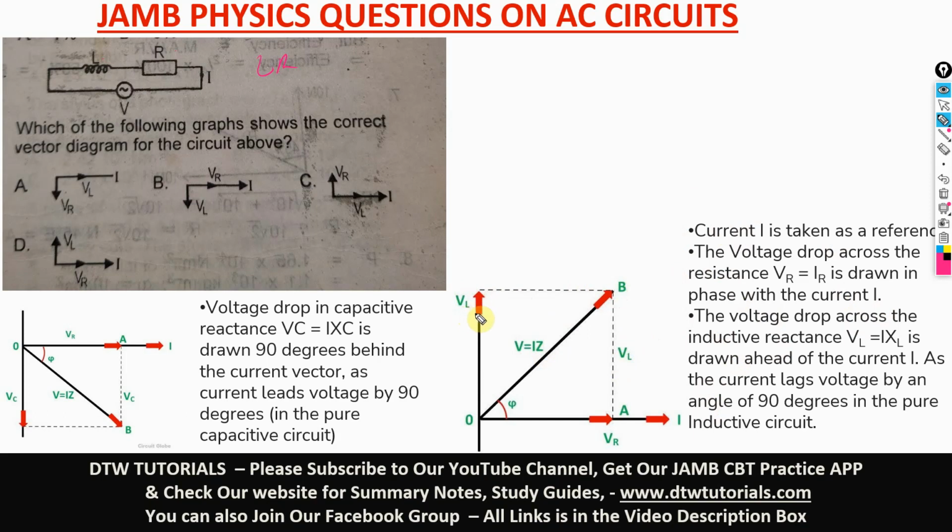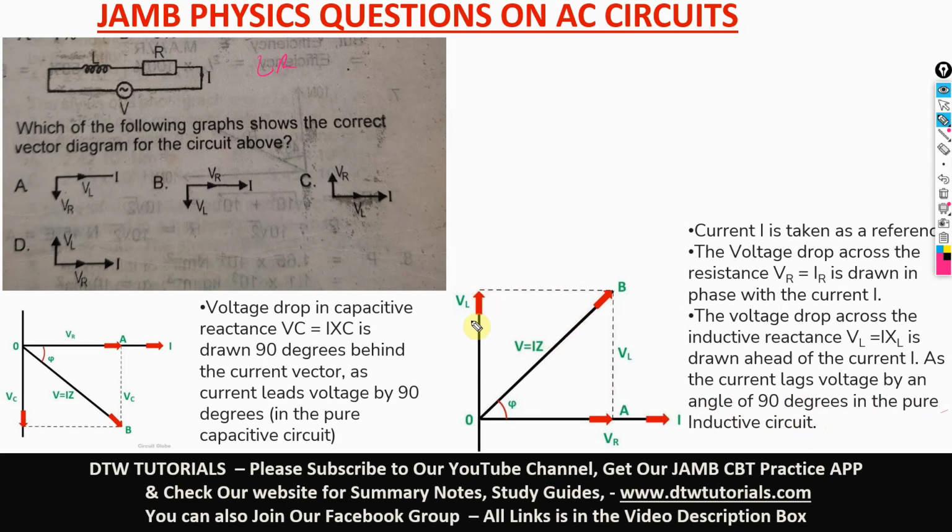For an LR circuit, we have our inductor as this. The voltage in the inductor is this way, while the voltage in the resistor is this way. So it says the voltage drop across the inductive reactance is drawn ahead of the current, as the current lags voltage by an angle of 90 degrees in a pure inductive circuit. So you can see this.